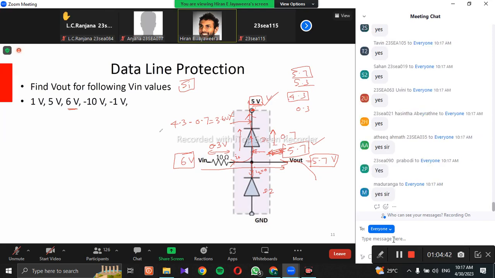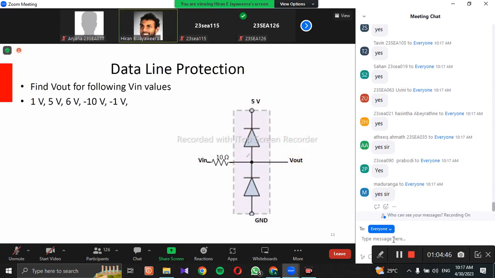Now what I want you to do is plot a curve for this one as homework. This axis is Vin, the input voltage, and this axis is Vout.